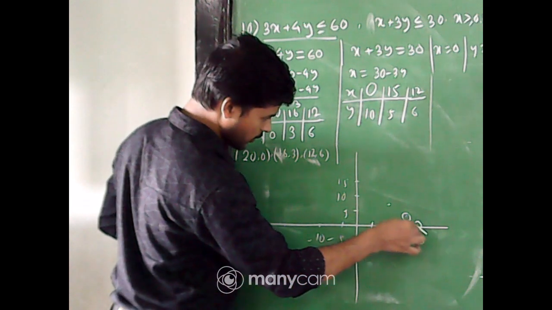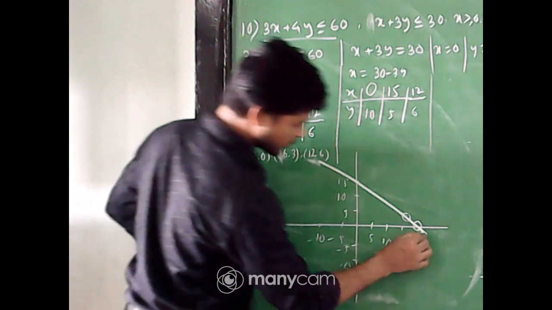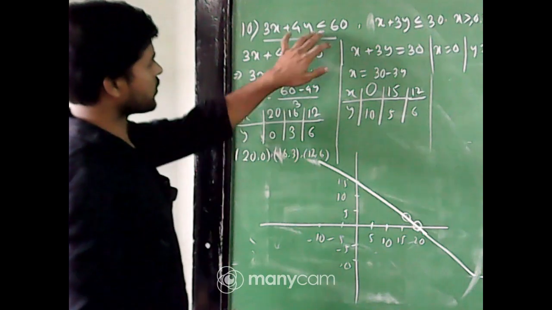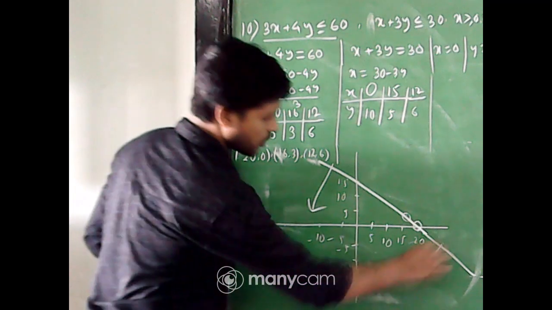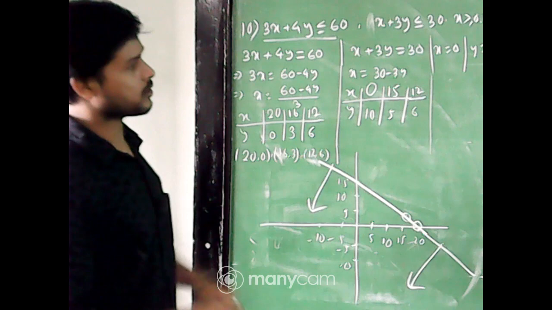If I draw it, the line passes like this, and looking at the sign, it is less than or equal to, so the region will be towards the origin.